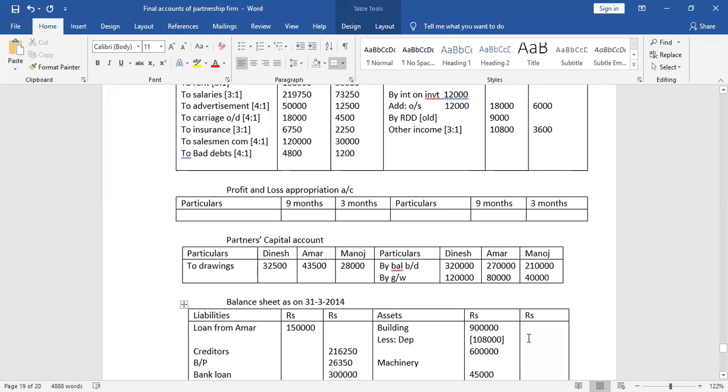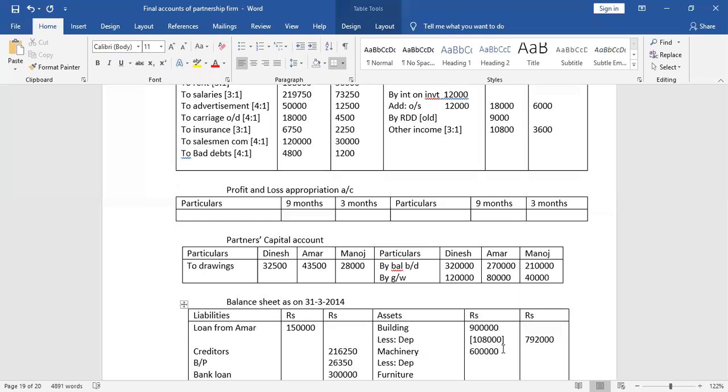Minus करो, how much you will get? 7,92,000. And then here also less depreciation.